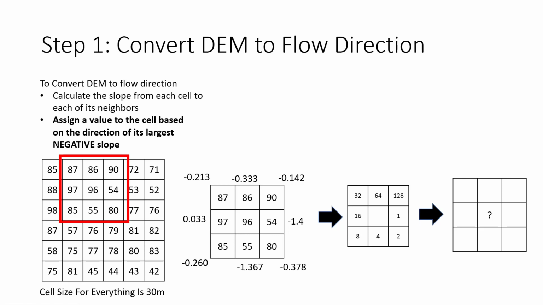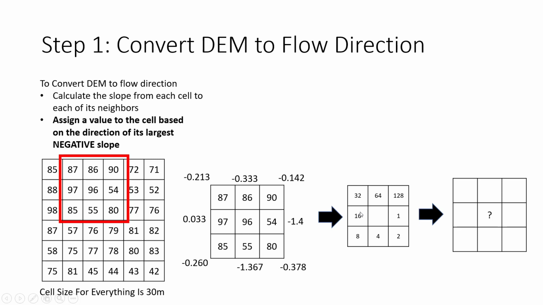Well, again, we're going to look for the most negative slope. The most negative slope in this case is going to indicate that we should go to the right from this 96 to 54 with a negative 1.4. So again, 96 to 54, negative 1.4. In this case, that means that we're going to be going to the right. So we're going to leave 96 and go to the right.